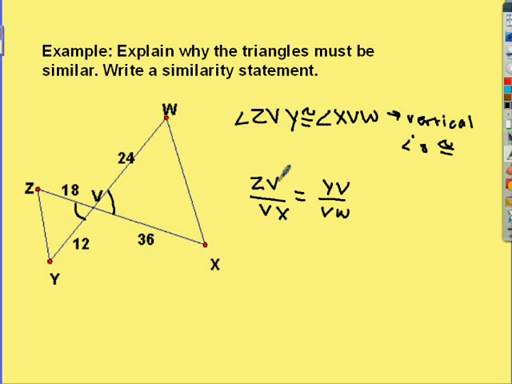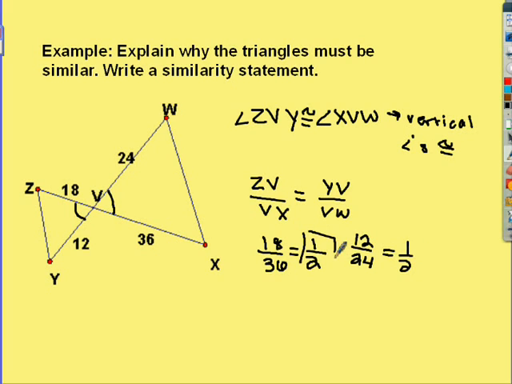So let's check this first ratio. 18 over 36. What does that reduce to? Well, what goes into both 18 and 36? Actually, 18 goes into both, so that simplifies to become 1/2. YV over VW, so here we would get 12 over 24. 12 goes into both, so that reduces to 1/2.